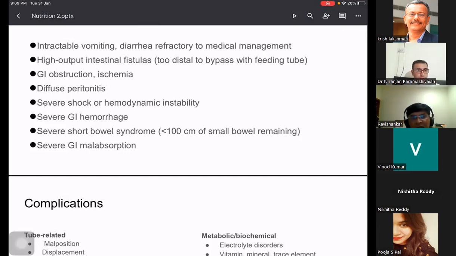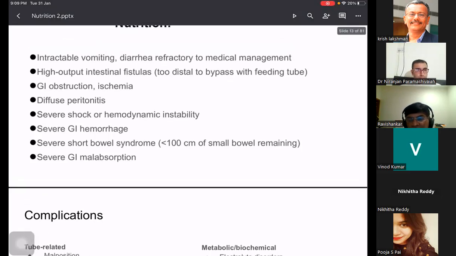Two things. One is high output intestinal fistulas. I agree that initially, when you note that there is a high output intestinal fistula, you don't feed them. But once the patient's sepsis and other things are stabilized, you get the anatomic location of the fistula by doing contrast studies, fistulograms and so on.